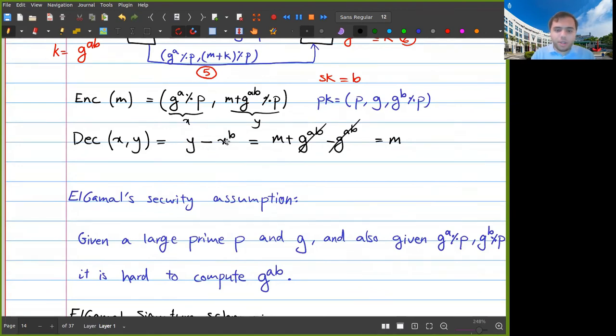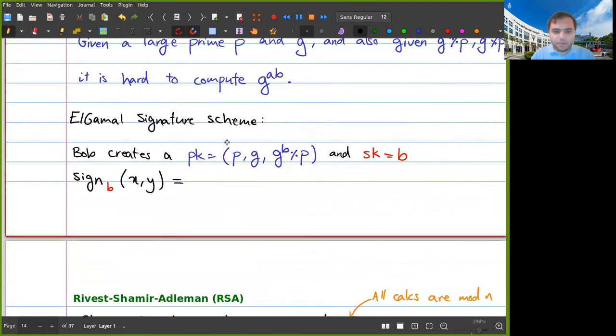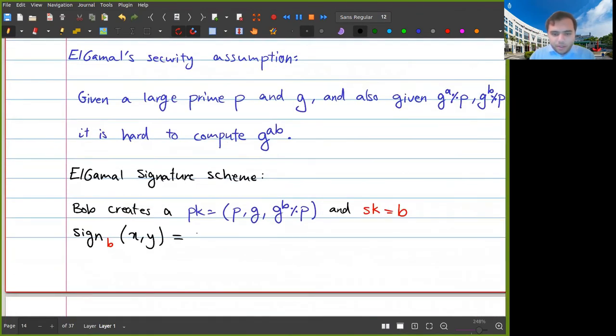So it's y minus x to the power of b. So this is how Bob would sign this. If you give Bob 2 numbers, x and y, a pair, and you say sign this pair, Bob would just give you y minus x to the power of b, and this would be his signature on this pair.